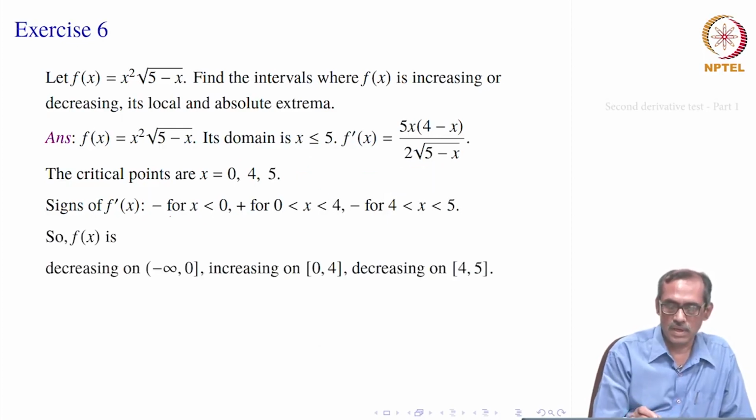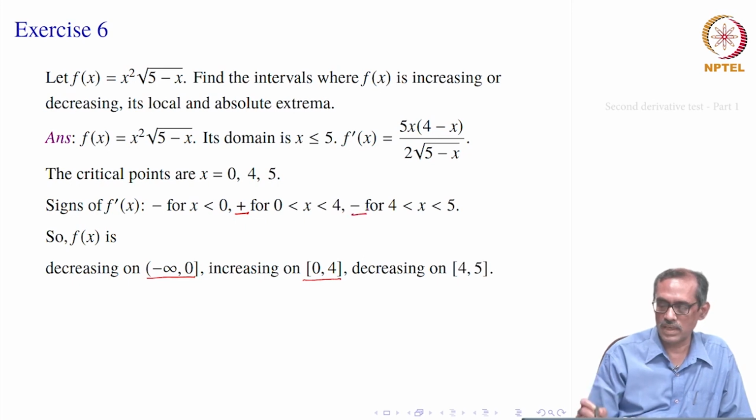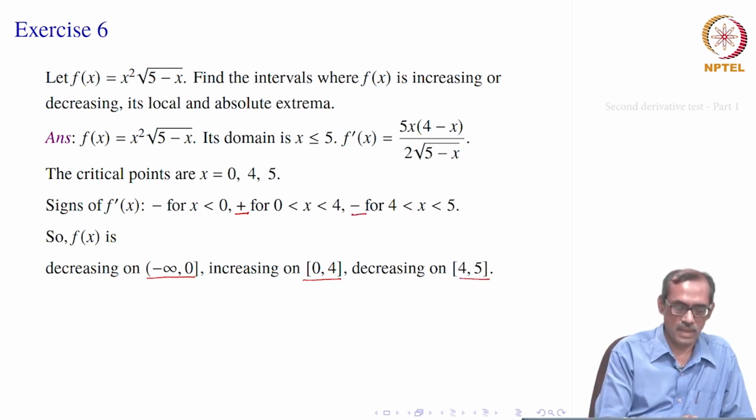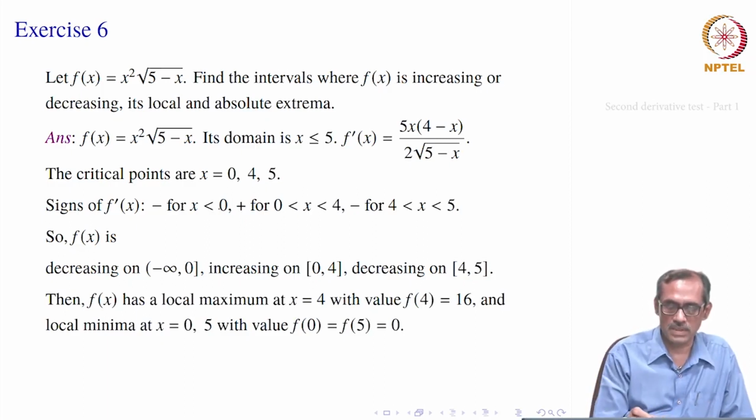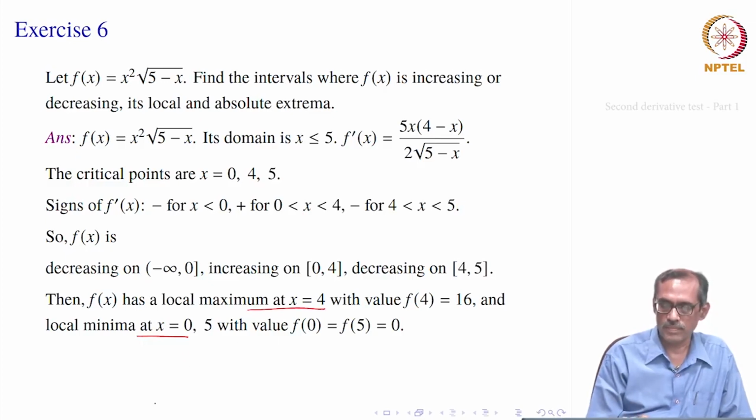Therefore, f is decreasing from minus infinity to 0, increasing from 0 to 4, and again decreasing on 4 to 5, and you get the local maximum and minimum values. f prime(x) changes sign at 0 from negative to positive, so there it has a local minimum, and it changes from positive to negative at 4, so there is a local maximum at x equal to 4.